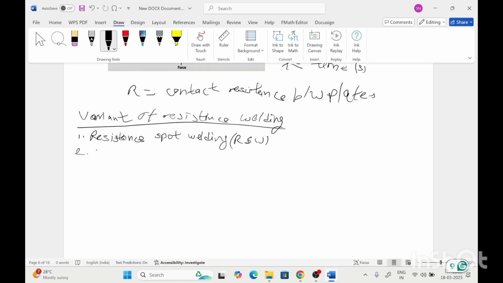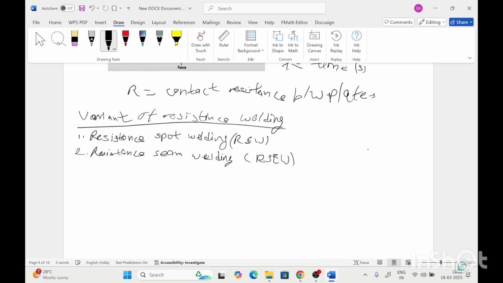Next is resistance seam welding, written as RSEW.